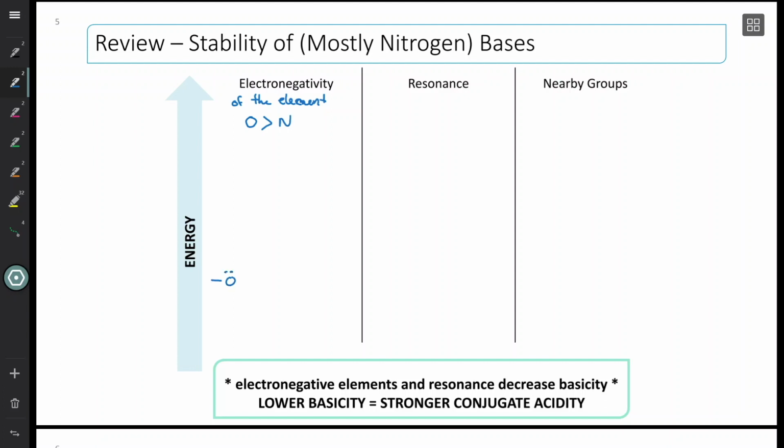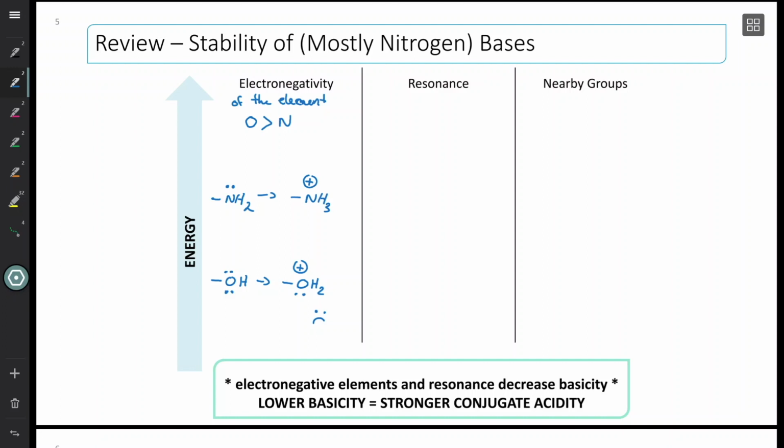So say when OH has to give up one of its lone pairs to become positive, it does not like that. It's very electronegative. It did not want to give up its lone pairs, and so it's sad. Nitrogen also would have to give up its lone pair here to become the ammonium.